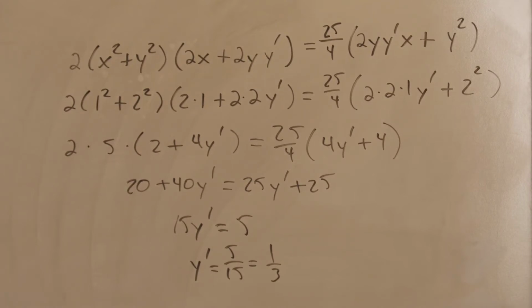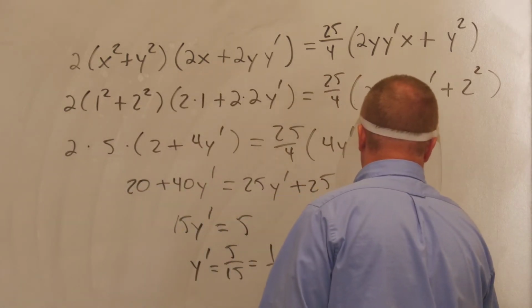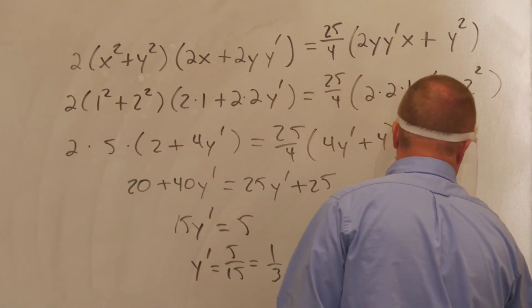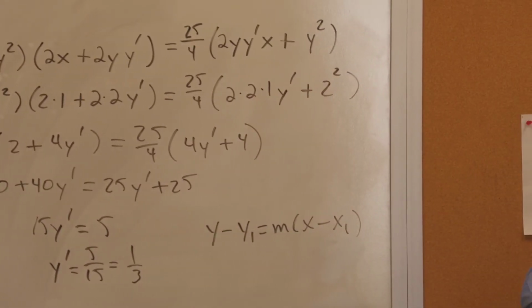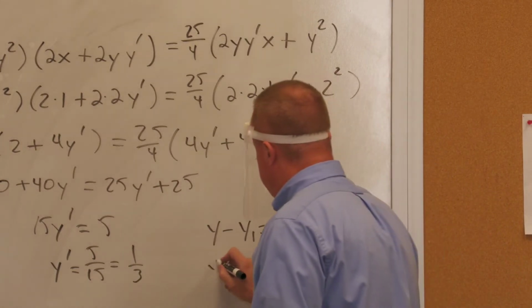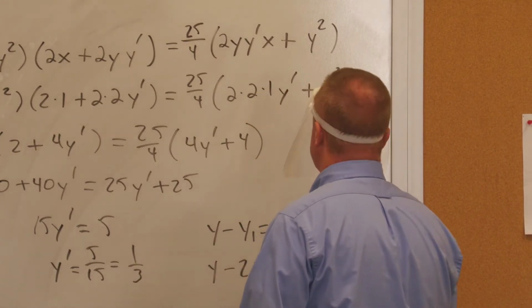Now, to find the equation of that tangent line, let's use point-slope form. Plug in our values and reduce. So y minus 2 equals 1/3 (x minus 1).